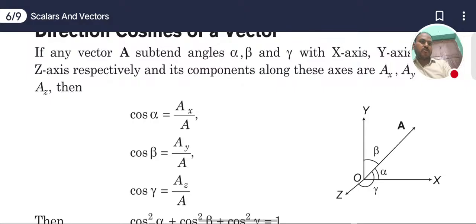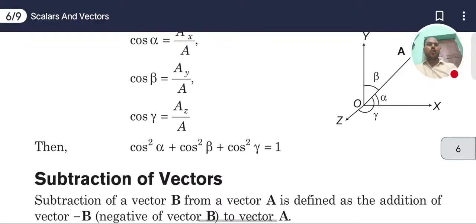Cos beta equals a base y upon the vector a. Then cos gamma equals a base z upon the vector a. Now, cos square alpha plus cos square beta plus cos square gamma equals 1.